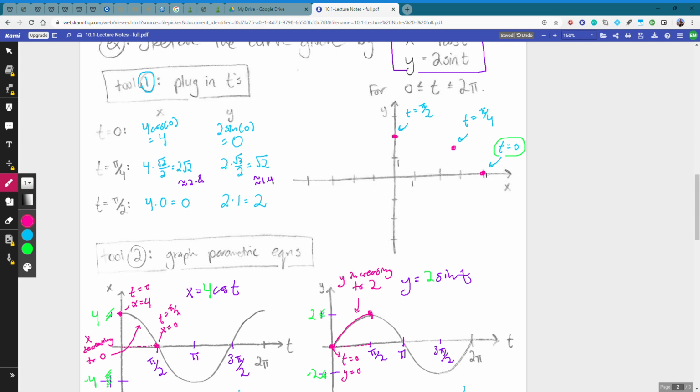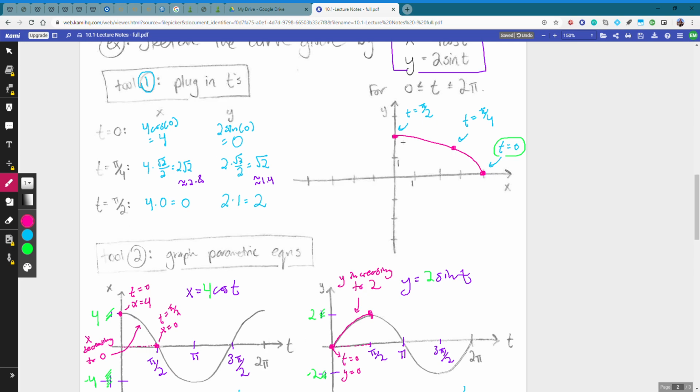It's not the case that our particle is zipping around and going crazy and just happens to move through these points. What's true is that from 0 to pi over 2, our x coordinates are just decreasing steadily to 0, and our y coordinates are steadily increasing. And so that's showing us that we're just going to connect these dots in a nice, smooth way like that. So our x is decreasing steadily and our y is increasing steadily.